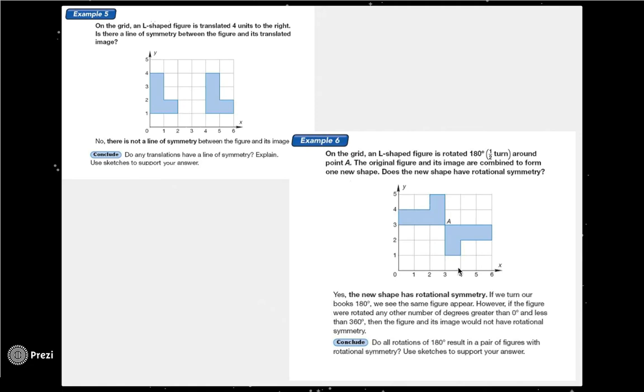The answer says if the figure were rotated any other number of degrees greater than 0 and less than 360, then the figure and its image would not have rotational symmetry. But it does at 180 degrees. So if we turn this upside down, it would look the same, right?